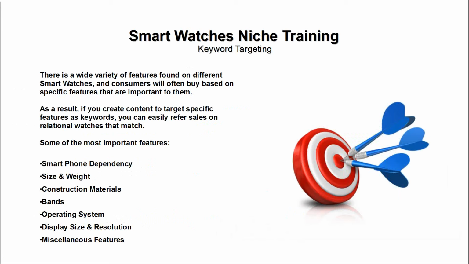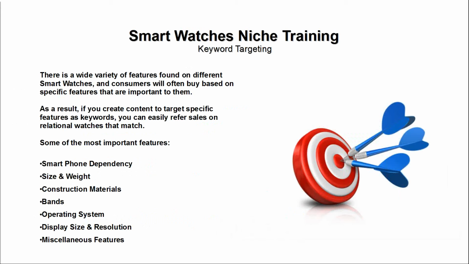And from one model to the next, some of them will have advantages or disadvantages in certain features and vice versa for other ones. So this should be important to you as an affiliate because consumers will often end up buying these products based on the actual features that are truly important to them.